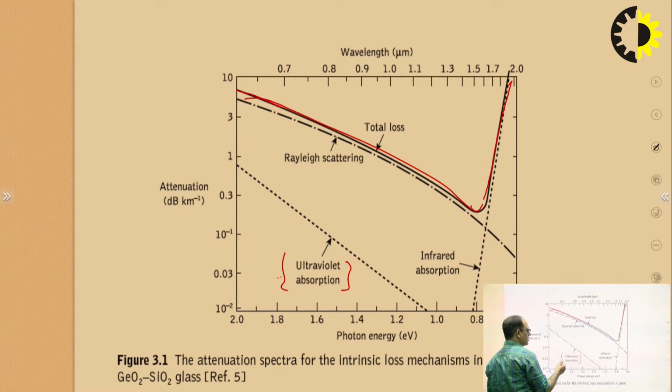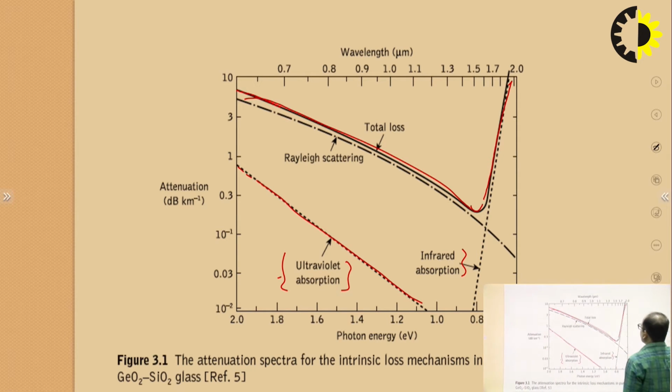It is the ultraviolet absorption and the infrared absorption. You will see here that as the wavelength increases, the absorption in the ultraviolet region also decreases, but after the wavelength of 1.5 micrometer, the infrared absorption increases.